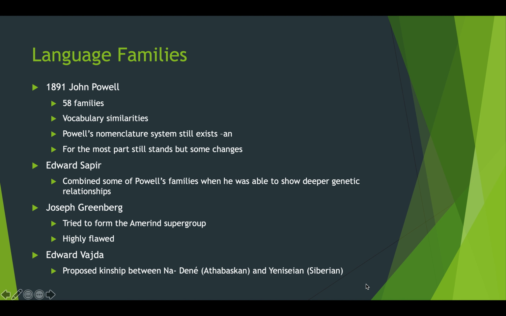There are a lot of flaws with this, and it just doesn't work. Not all of the languages of North America are related into one language family. There's just different sets of languages. Now, why would that be? If you believe in the theory of people coming over the land bridge in Alaska, some of that could be different waves of people.